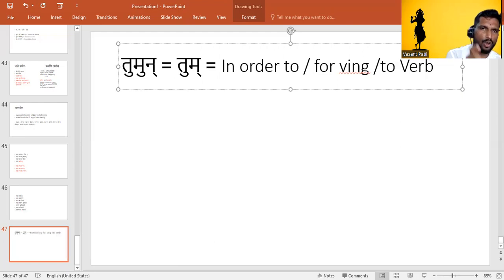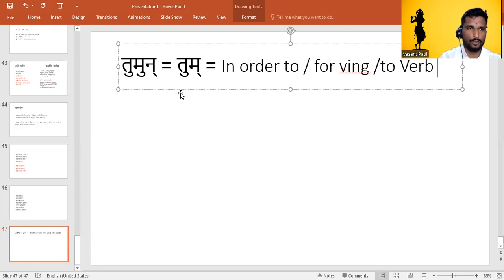Means in order to. For example, we say in order to learn Sanskrit, I attend class. Or for learning Sanskrit, I attend class. Like that. This to plus verb, I will explain a little bit later.